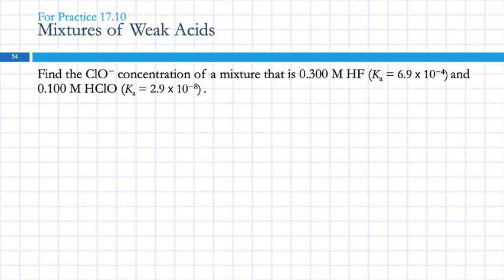So which is a stronger acid, HF or HClO? Which one has the larger Ka? HF is the stronger one. And then HF, the stronger one, also has a larger concentration than the weaker acid.